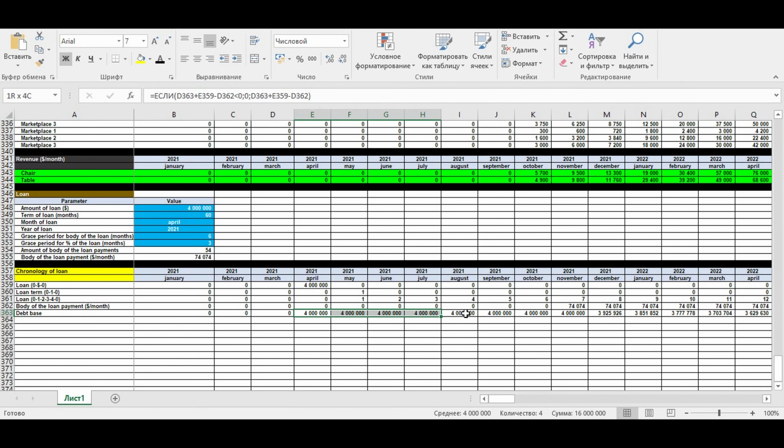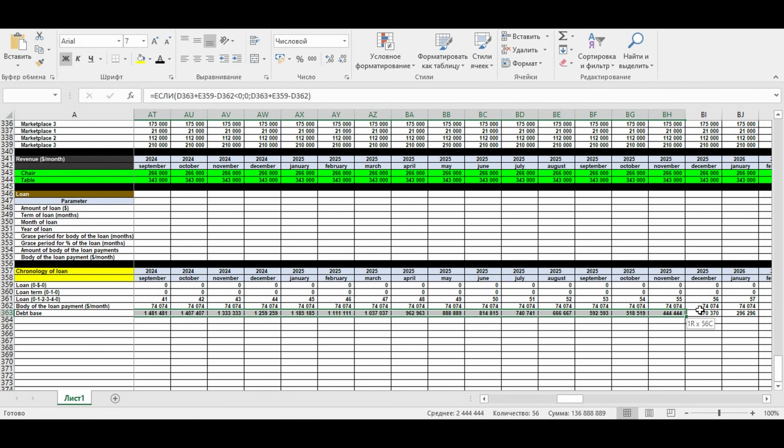So this is the base from which we pay the interest.